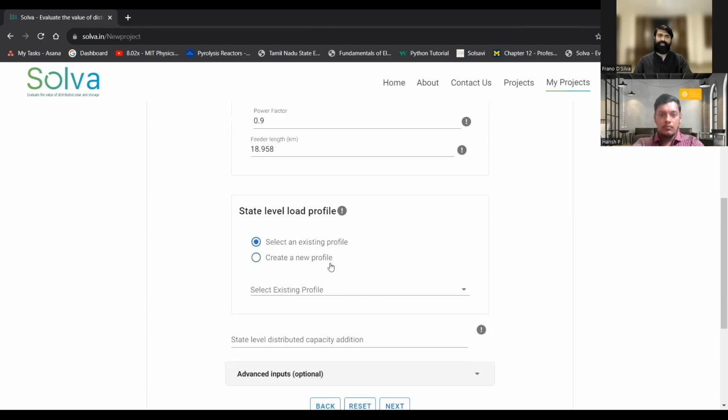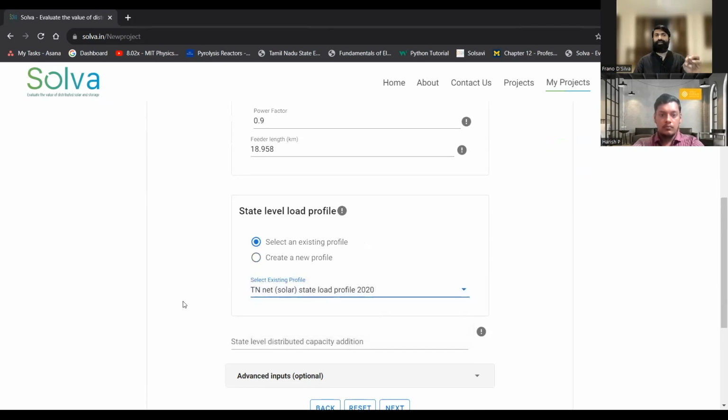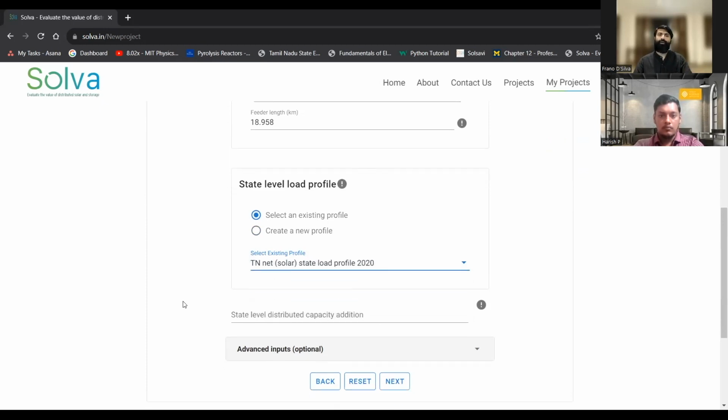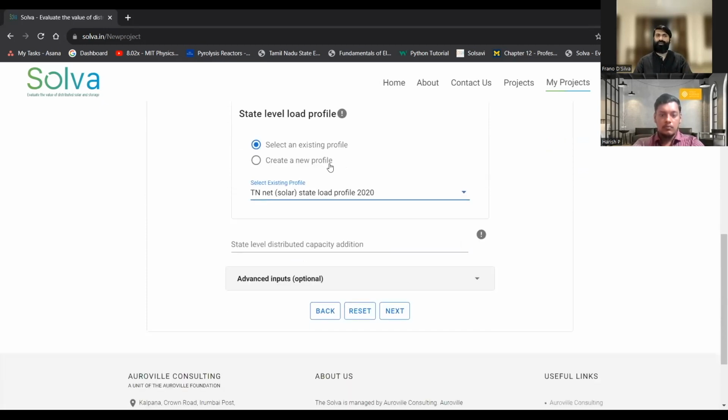In this case, as we have existing data, I will select the Tamil Nadu net state load profile for 2020 and proceed further.